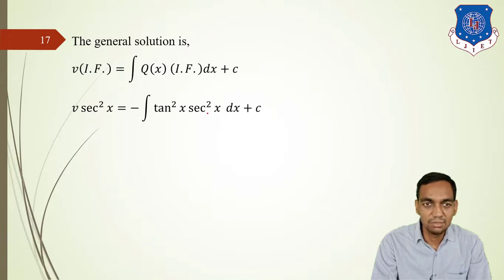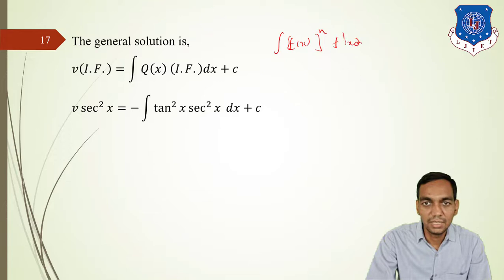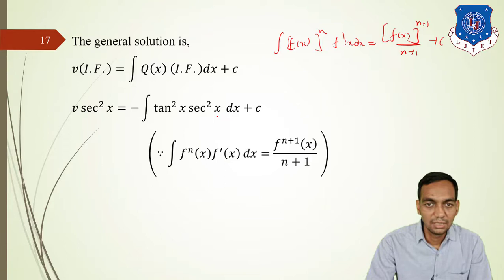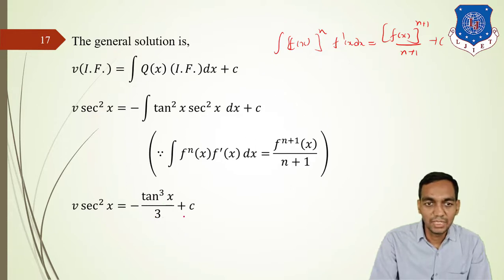So tan has a derivative sec square, so fx raised to n into f dash x dx has an integration fx raised to n plus 1 upon n plus 1 plus c, for n is not equal to minus 1. So this is fx raised to n into f dash x, correct? So directly you are going to apply the integration, so that will be a tan cube by 3. So tan cube x by 3.